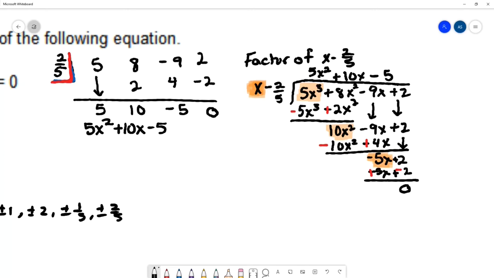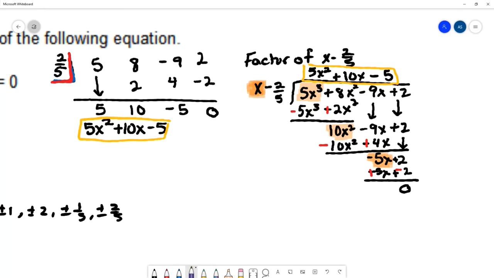So hopefully you can see that we got the same answer doing it with long division and doing it with synthetic division. But I'm going to compare these two for you so you can see why it works. So hopefully you noticed that what we got on the top here is exactly what I have written down here.